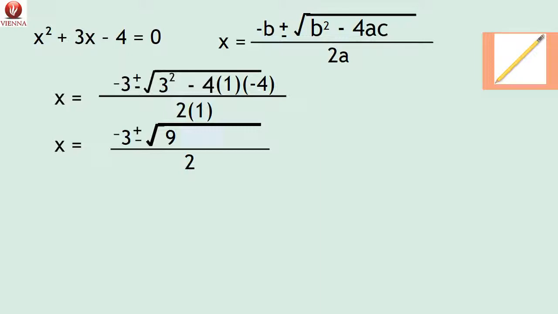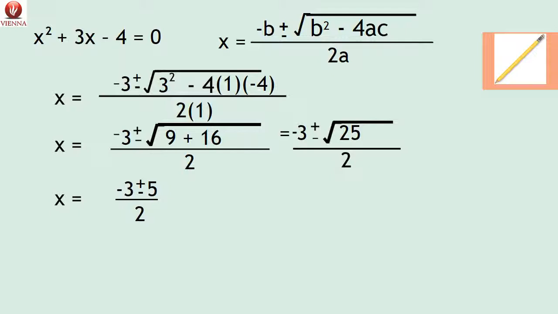So negative 4 times negative 4 is, of course, a positive 16. So it would be the square root of 9 plus 16, or the square root of 25. So we further break this down by taking the square root of 25, which we know is 5, and so x equals negative 3 plus or minus 5 over 2.